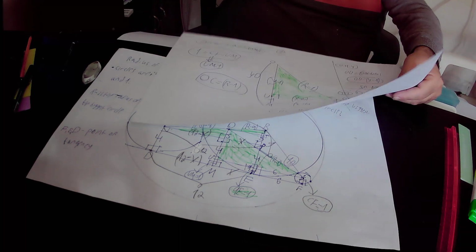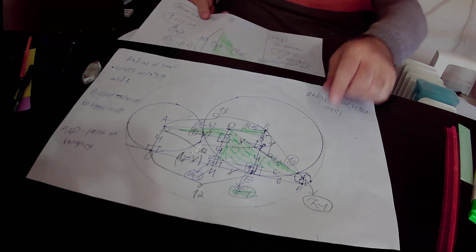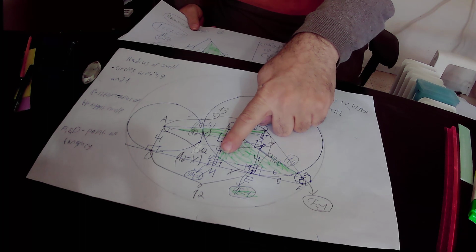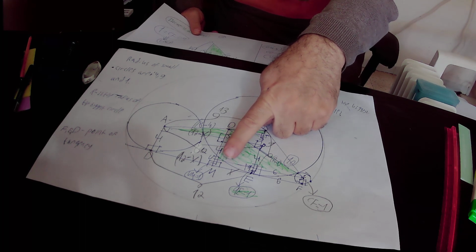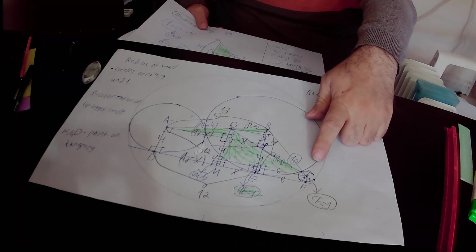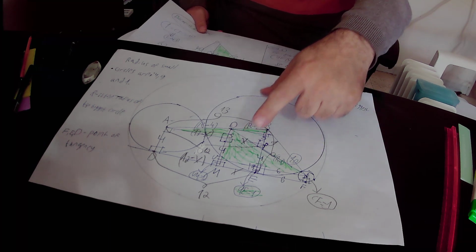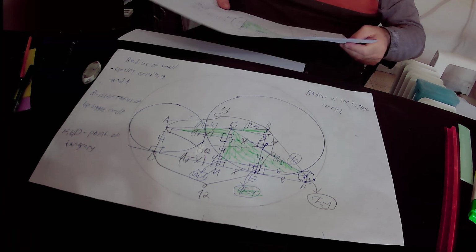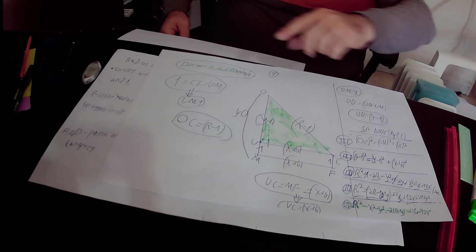Then from point C we draw a perpendicular to OM. So this angle equals 90 degrees, and this angle is also equal to 90 degrees. And we define the touching point of the perpendicular from point C to OM as point U. Actually, quadrilateral UCFM is a rectangle. Why?